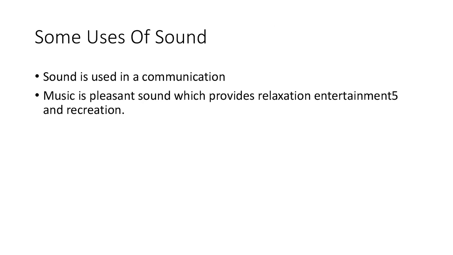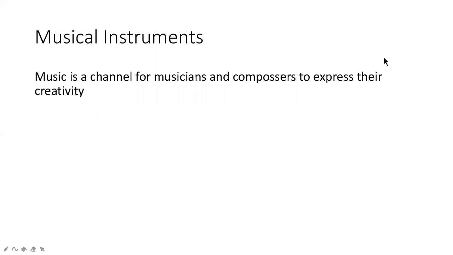So sound is used in different ways. Musical instruments: so many musical instruments are here, and we can use them to produce music. Music is a channel for musicians and composers to express their creativity.